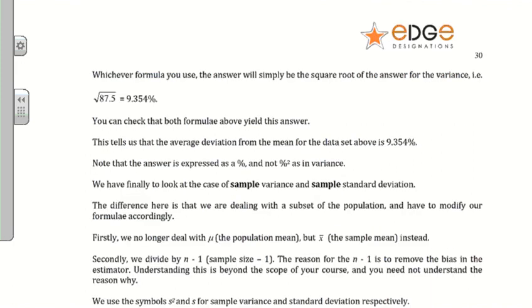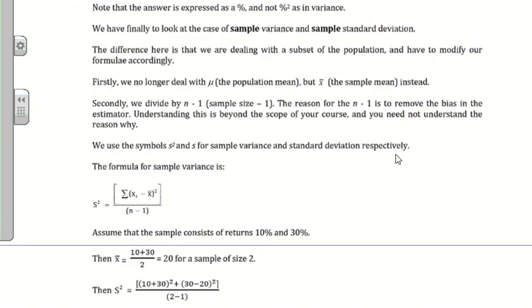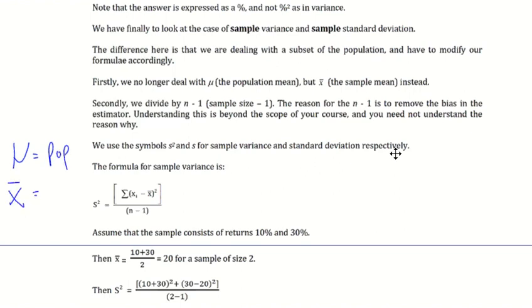Okay, the last little bit I want to teach you over here, guys, is that when we spoke about measures of central tendency, there was no difference at all between mu, which was the mean for the whole population, and x bar, the mean for a sample.